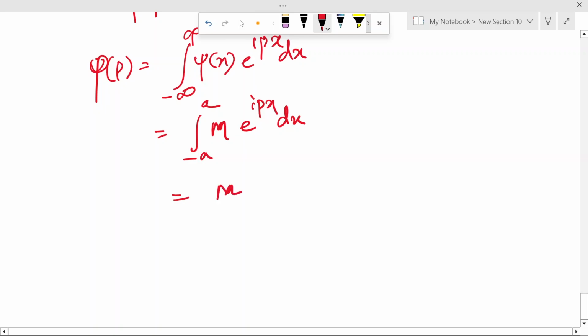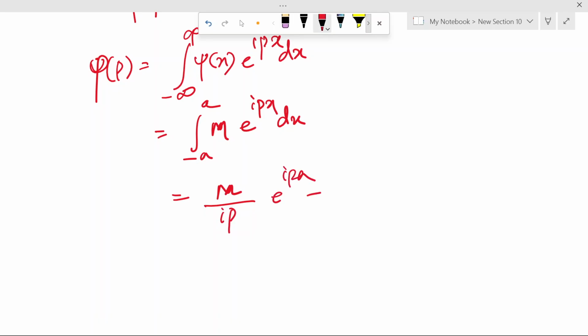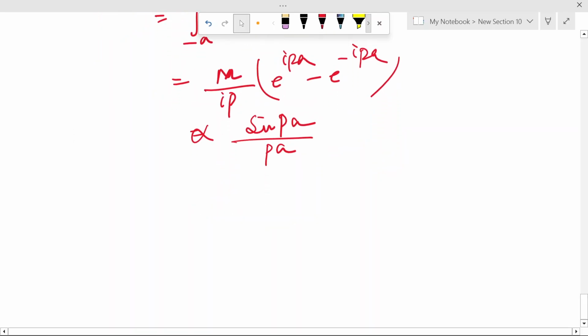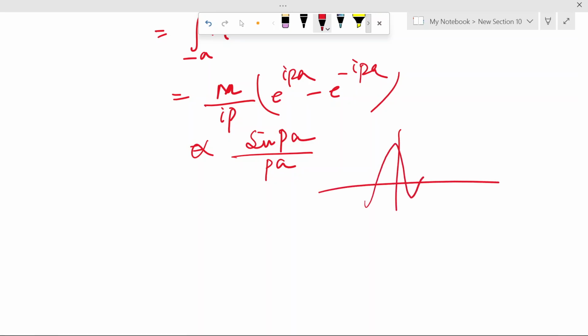So it will be m into 1 by ip times e to the power ipa minus e to the power minus ipa. So it will be of the form proportional to sin pa by pa, right? There is some constant factor added, and the form looks like this one.